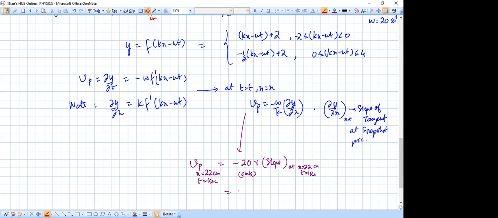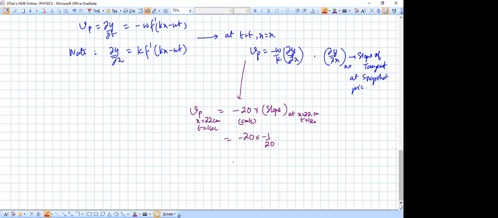So it will become minus 20 into that slope was minus 1 by 20. So it will be plus 1 centimeter per second.